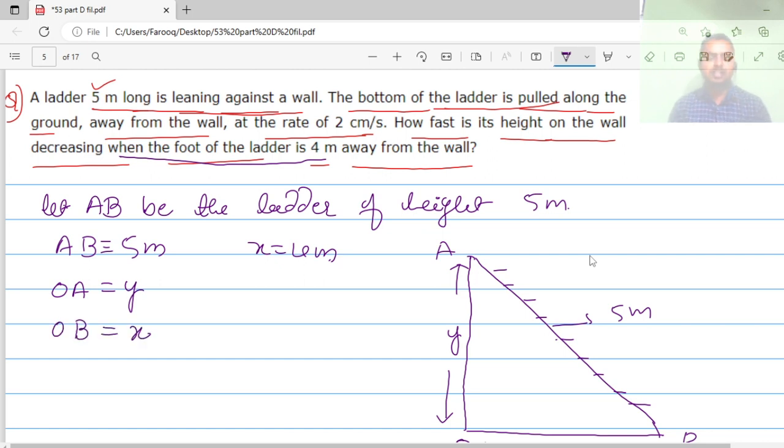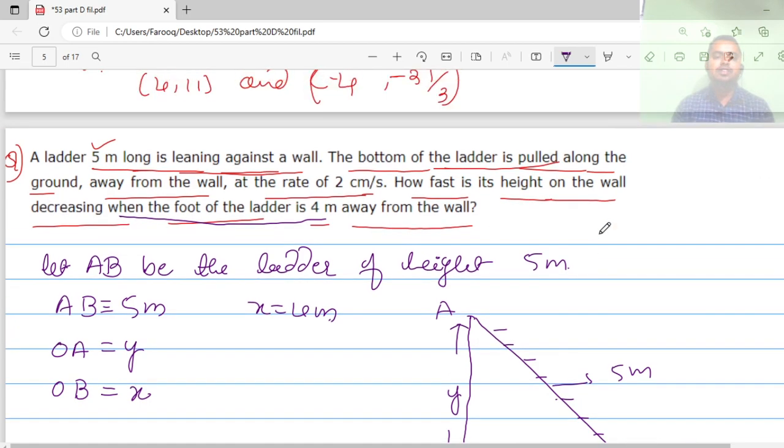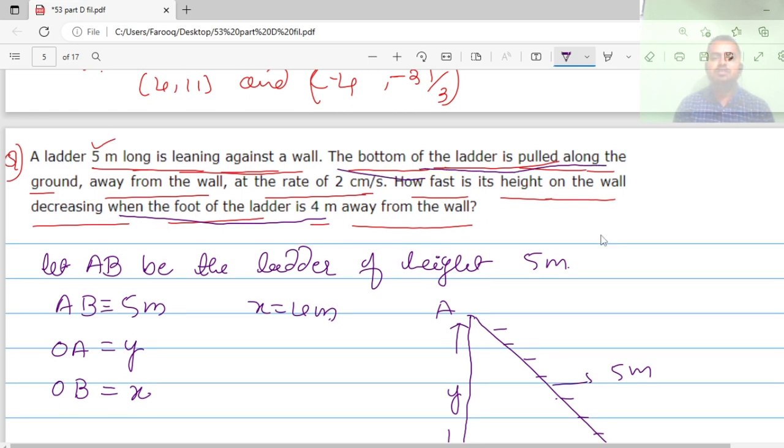These are the things given. And what is given here? See here, the bottom of the ladder is pulled along the ground away from the wall at the rate of 2 centimeter per second, meaning dx by dt is given.